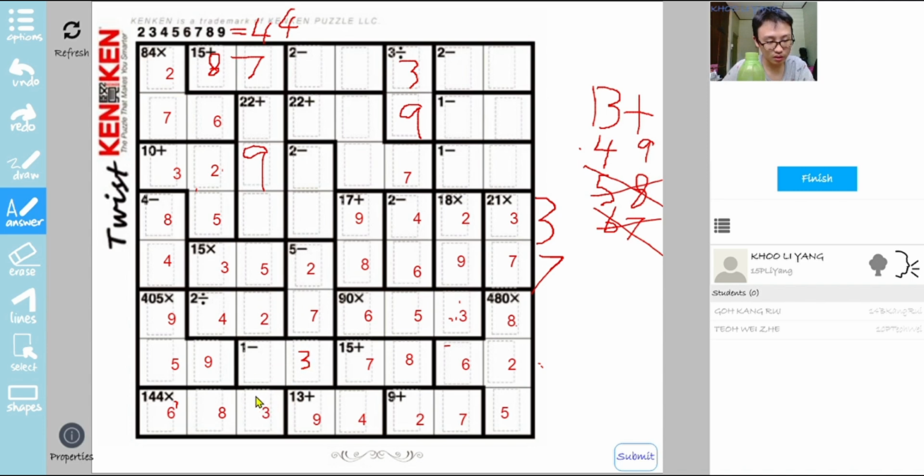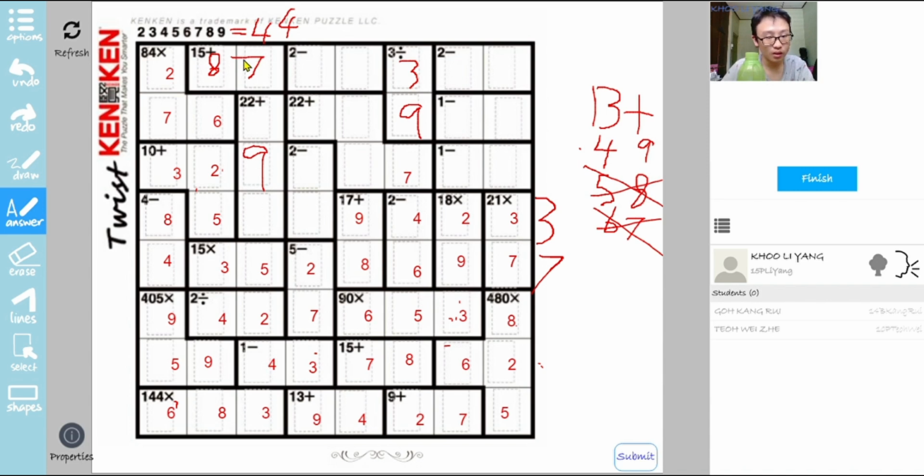Since 3 is already here, 3 must be here and 4 must be here.